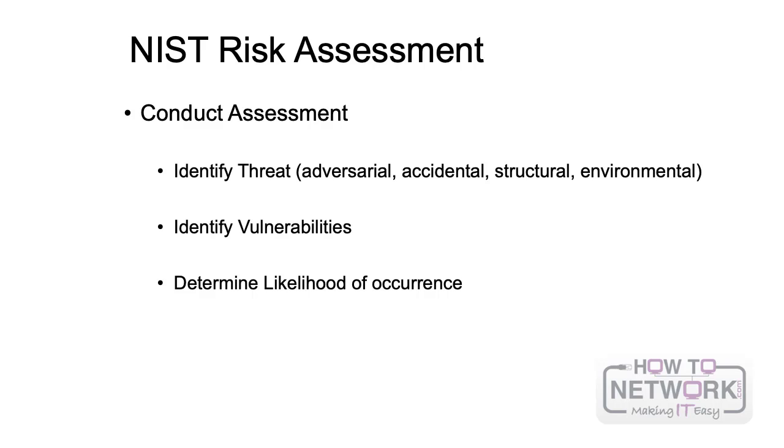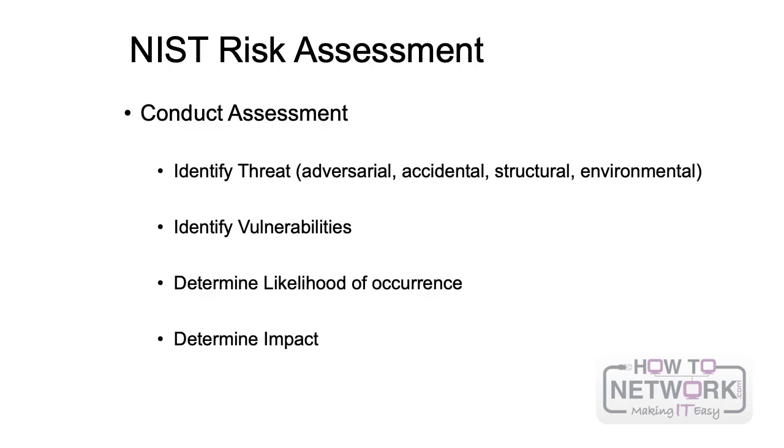Now, based on that, you can determine the likelihood of occurrence and the impact. So the likelihood of occurrence is directly related to the threat. So these threats actually exist. You have adversarial, accidental, structural, and environmental threats.